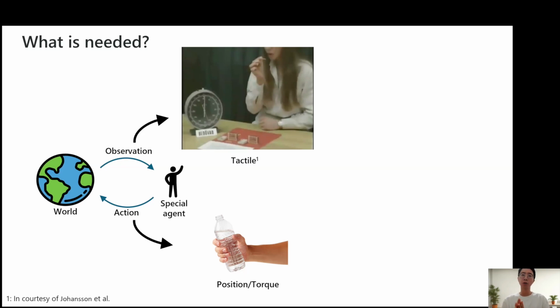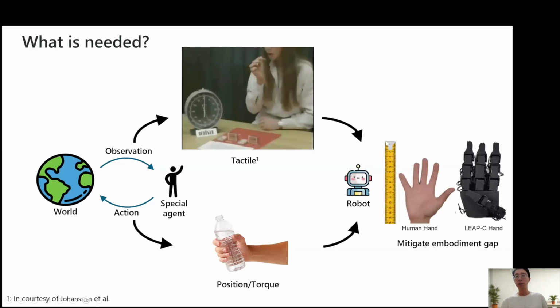And it emphasizes that torque is another important modality when we are capturing data. So lastly, we need to keep in mind that the data collected by the exoskeleton device ultimately needs to be deployed on a real robot. So we need to build devices that can mitigate the gap between the human and robot hand.